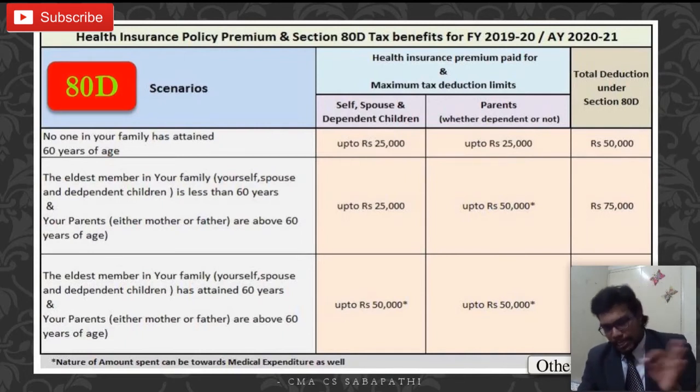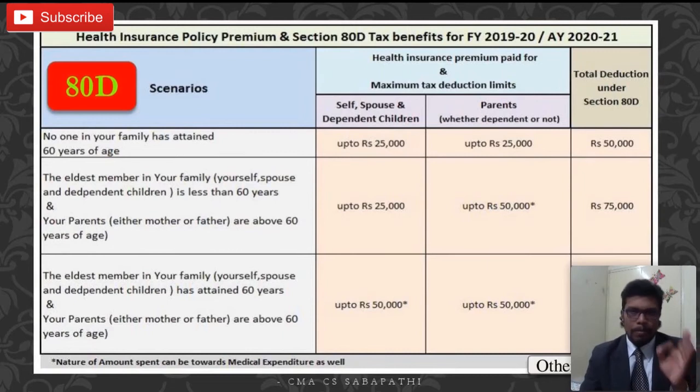Here, please do understand, my dear friends, whether it is a married daughter or unmarried daughter, whether major or minor, all are eligible for the insurance premium, right? If your children are dependent on you, in that case you can pay the premium for mediclaim policies.